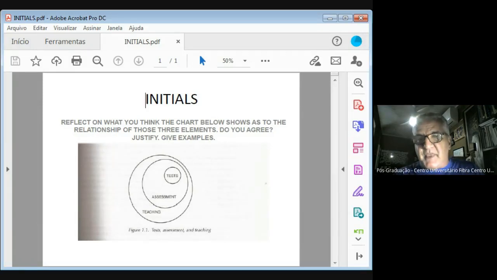Let's try to think of a situation here. I have been teaching English for, I don't know, 100 years. There is this other teacher who is a novice in teaching. He has just begun.